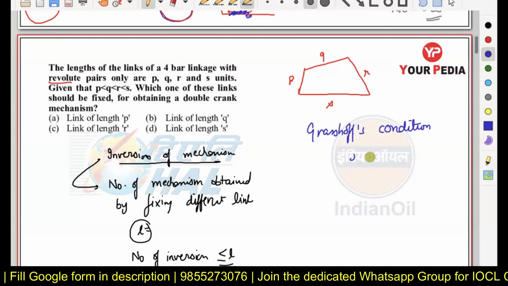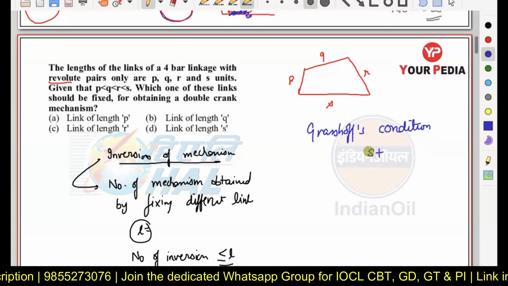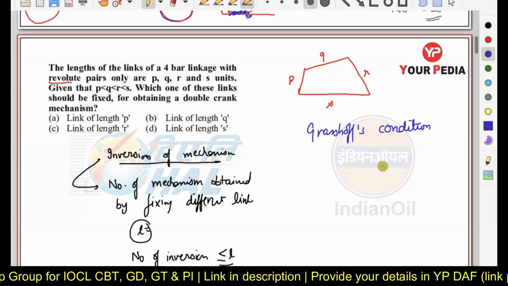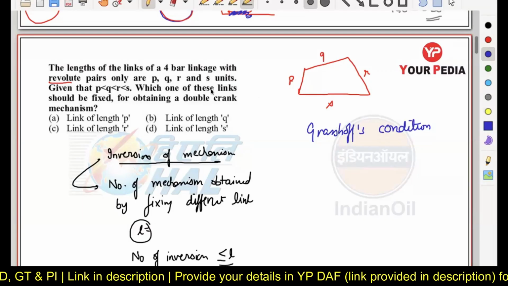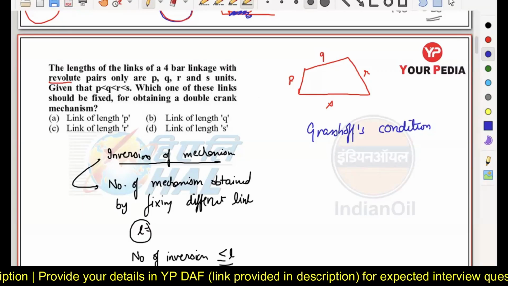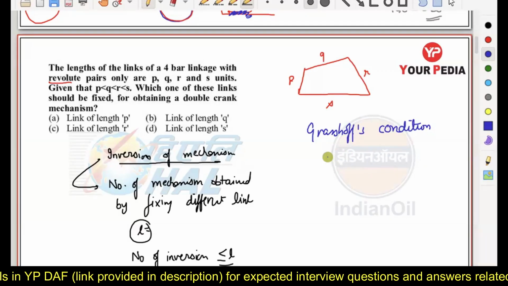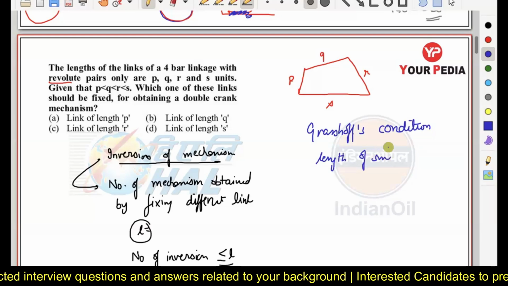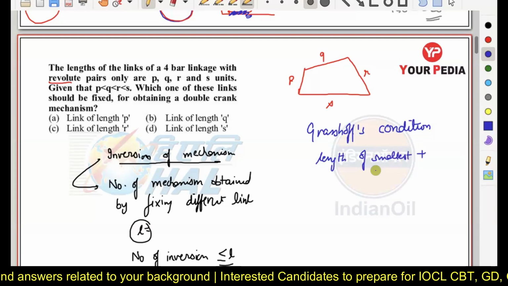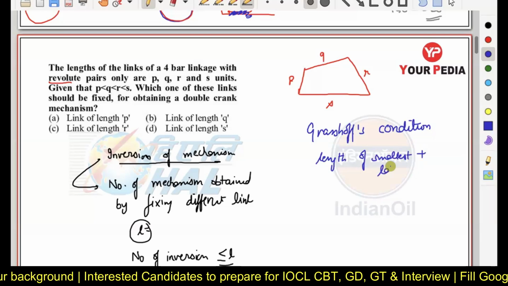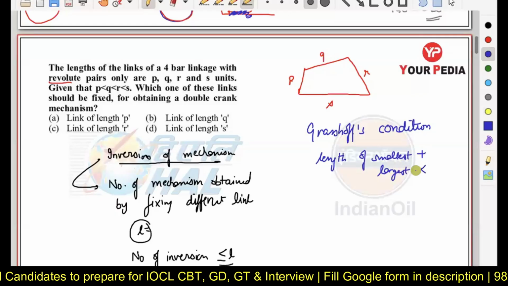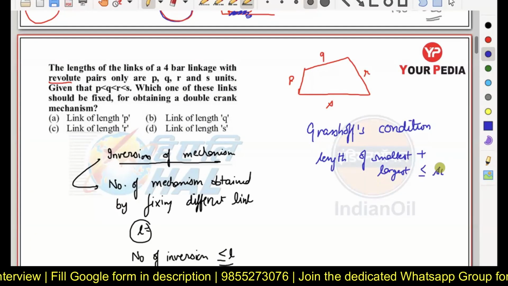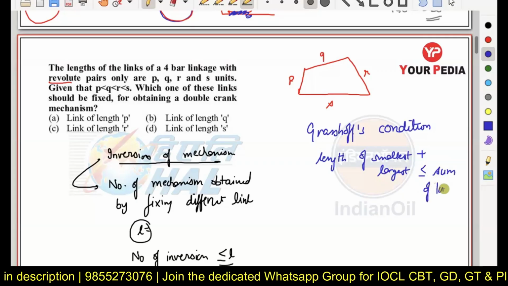What does the Grashof law state? The length of the smallest link plus the largest should be less than or equal to the sum of the lengths of the other two links.